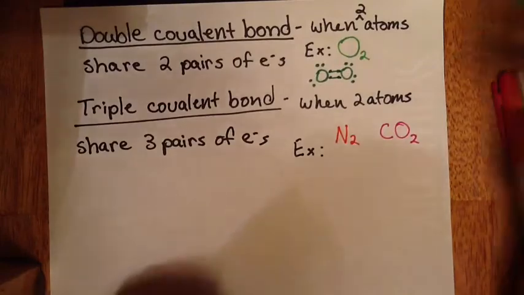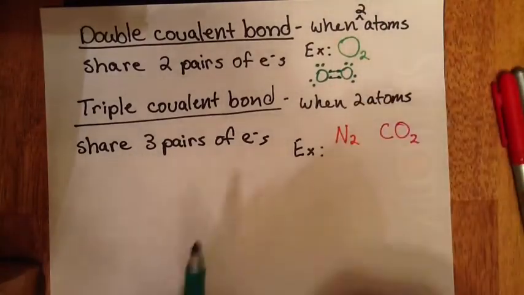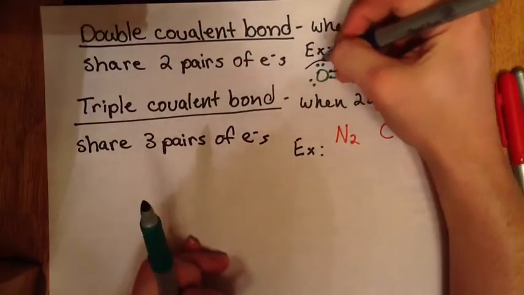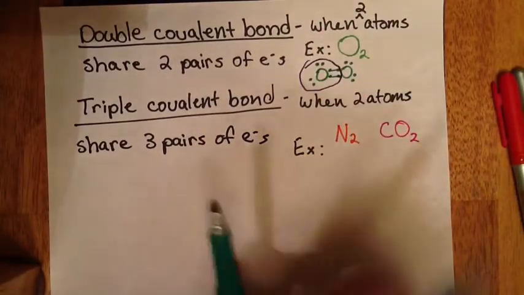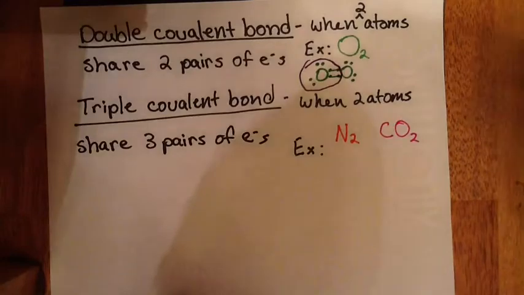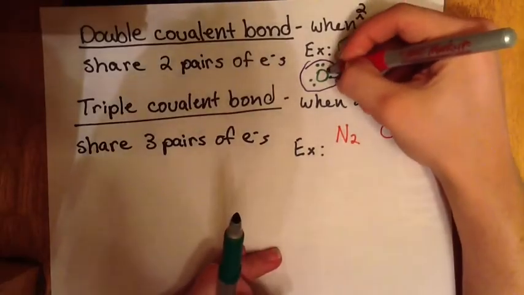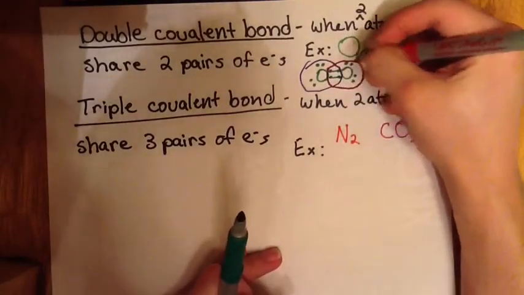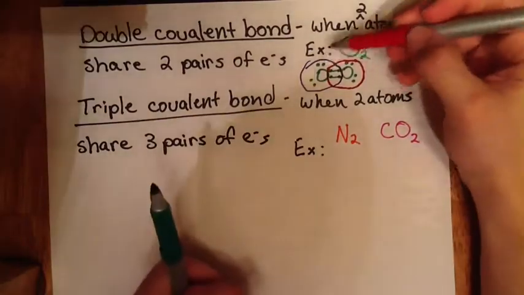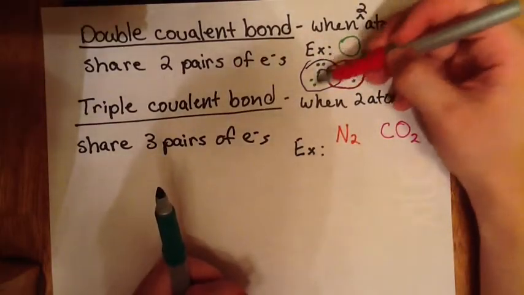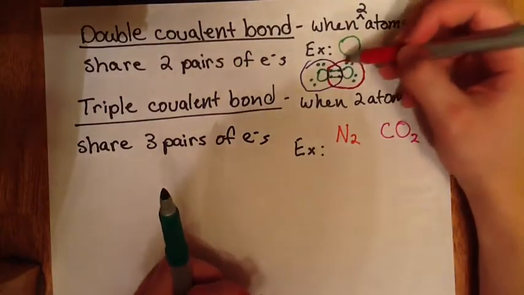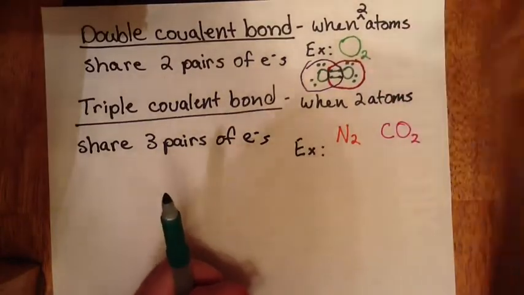Now let's count electrons. This oxygen can count all of these electrons, and the other oxygen can count all of these electrons. Alright, so the purple circle guy has 1, 2, 3, 4, 5, 6, 7, 8, and the red one has 1, 2, 3, 4, 5, 6, 7, 8.